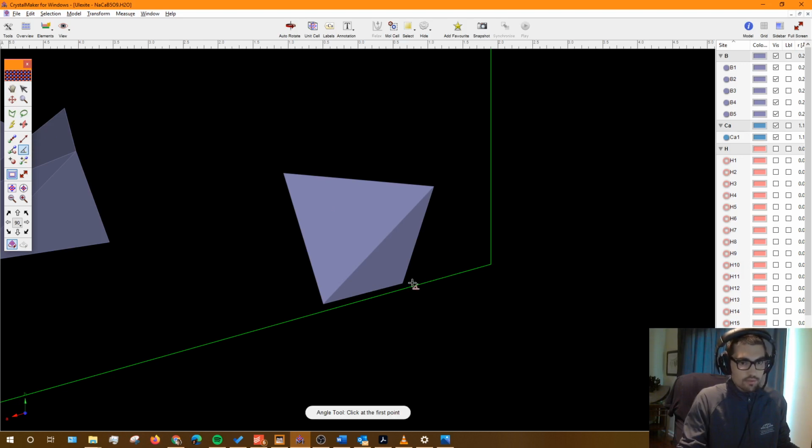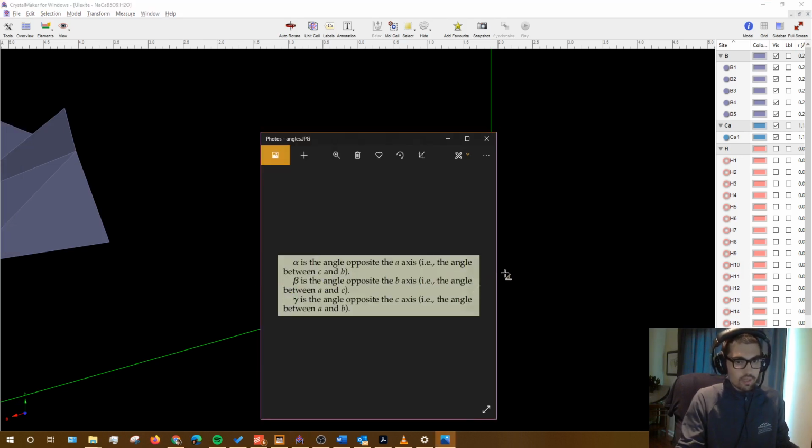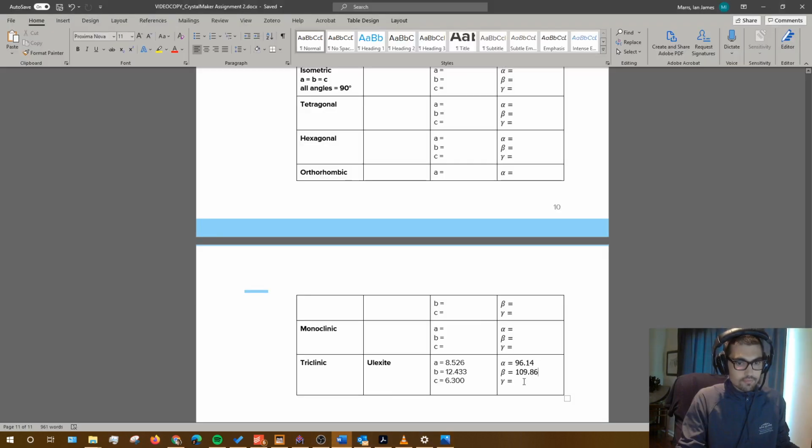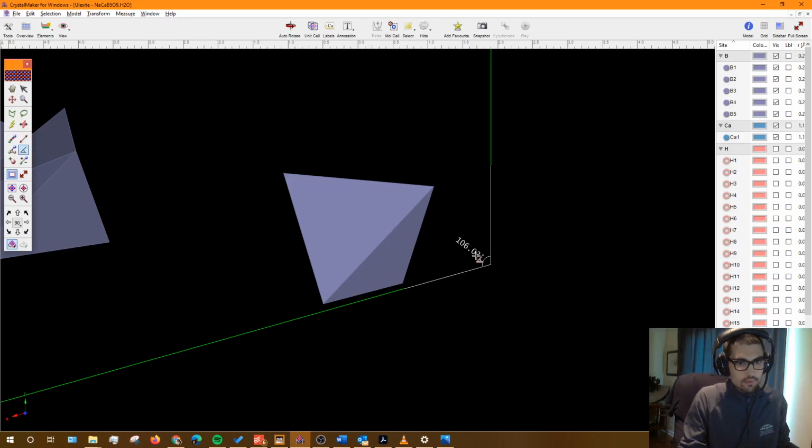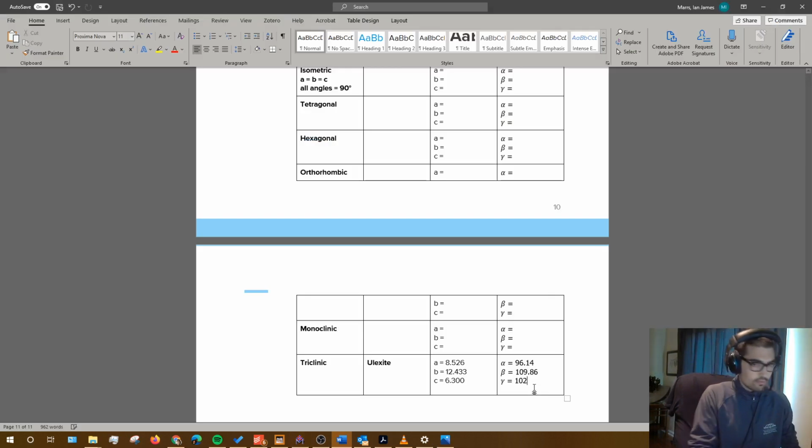So with the angle measuring tool selected, I go to the edge, click, go to the vertex, click, measure my angle, click again. 106.02 degrees between A and B. And I know that's the gamma angle. What was it again? 106.02 degrees.